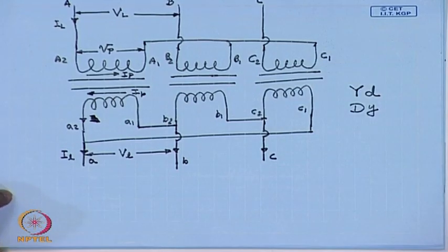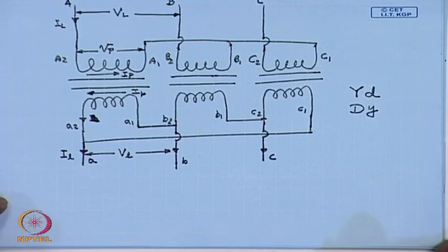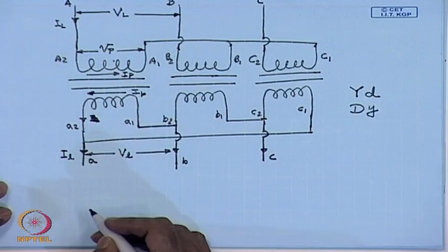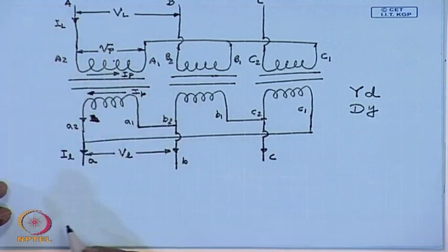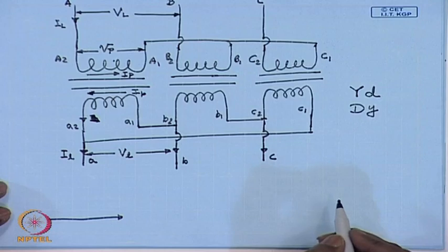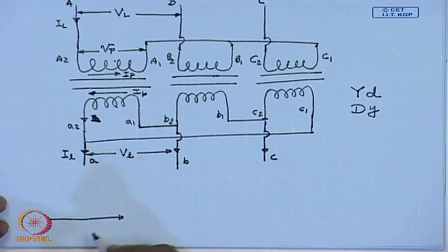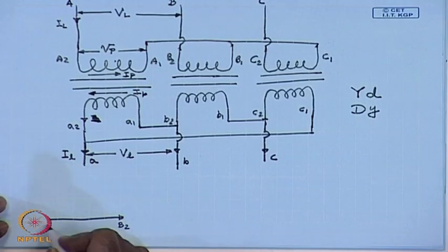Now, let us first try to look at the voltage phasor diagram. Since the basic transformer relation must hold, this is the phasor, let us say, V_B2B1, that is, this is the terminal B2, this is B1.